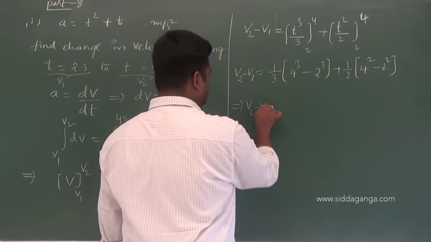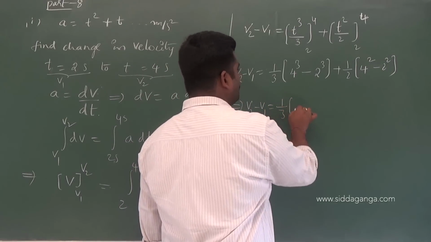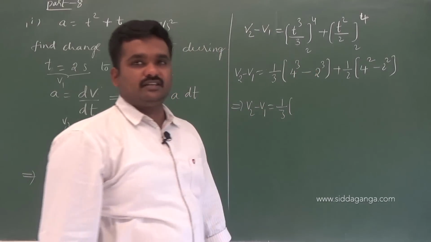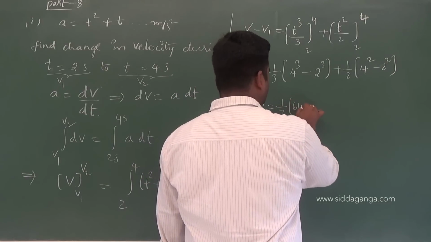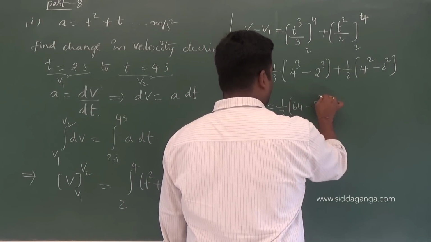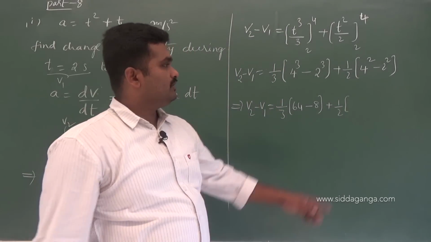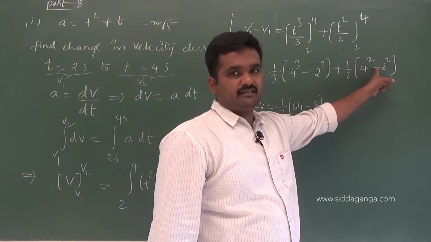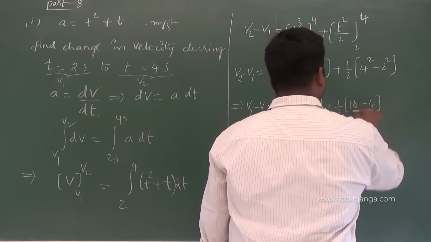Change in velocity v2 minus v1 equals 1 by 3 into 4 cubed, which is 64, minus 2 cubed, which is 8, plus 1 by 2 into 4 square is 16 minus 2 square is 4.